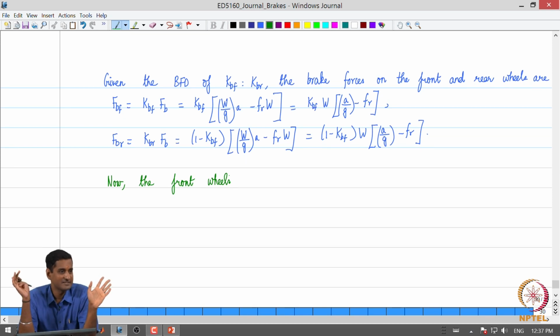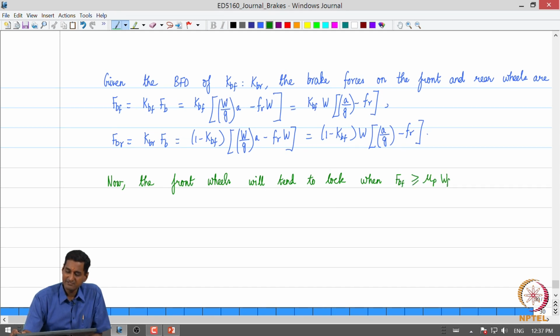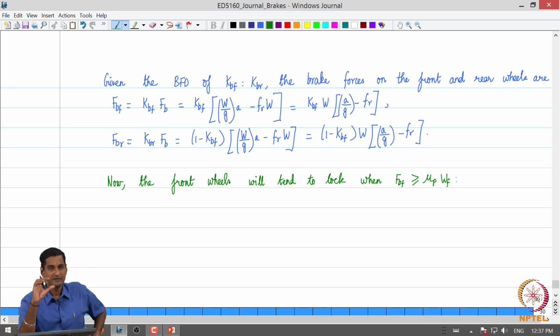So, the front wheels will tend to lock when FBF becomes greater than or equal to mu p times WF. WF is the normal load at the front tire road interface, mu p is the corresponding peak friction coefficient, and mu p times WF is the maximum traction force available at that interface.